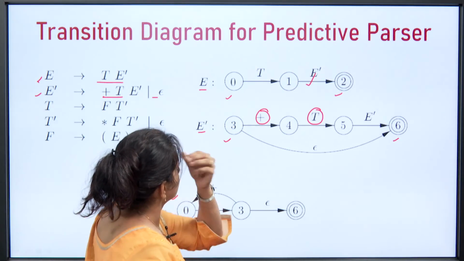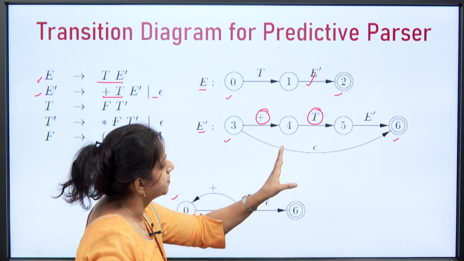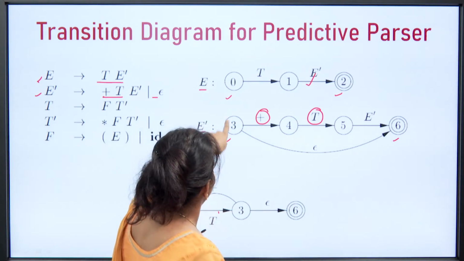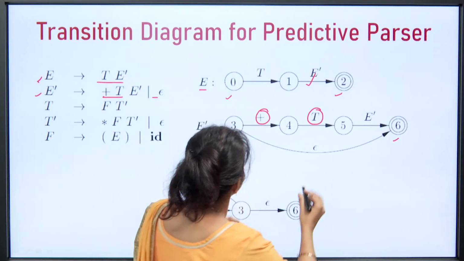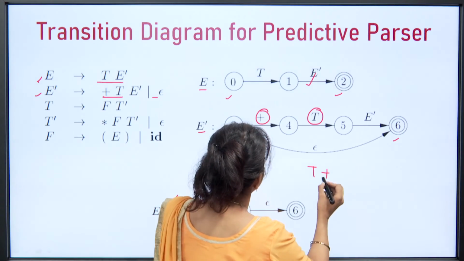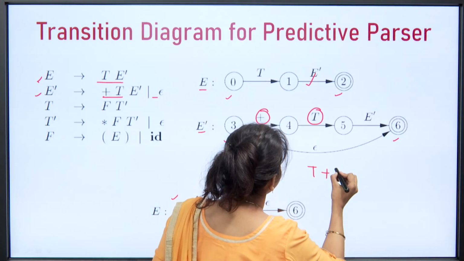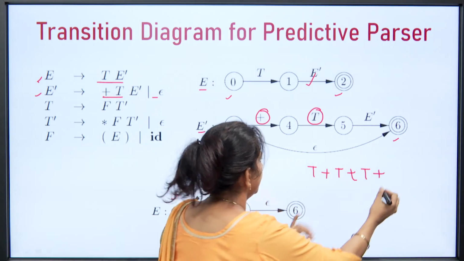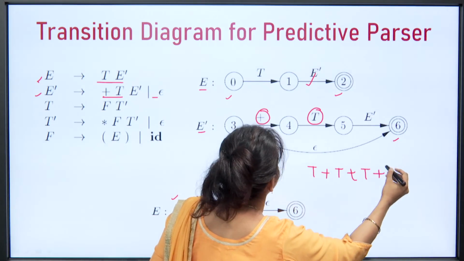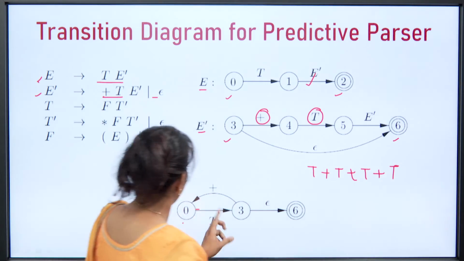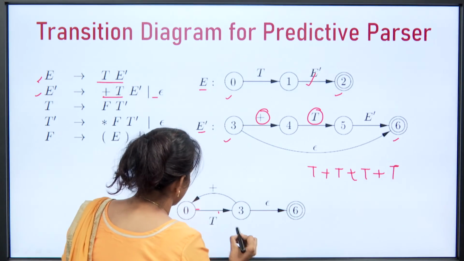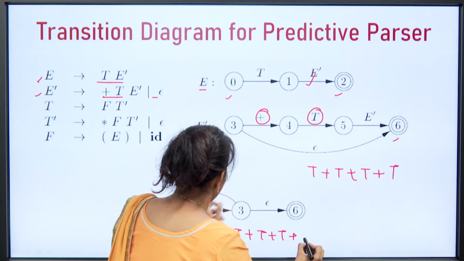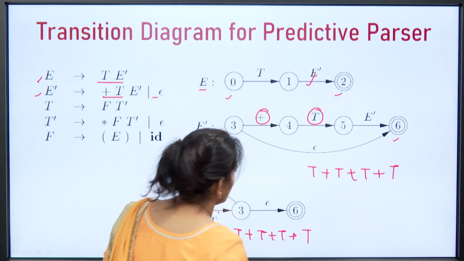But the language produced by both the transition diagrams will be the same. Suppose it is producing T plus T, then plus T, and like that, and it will produce again the same T plus T plus T, and suppose I am ending over here with T.